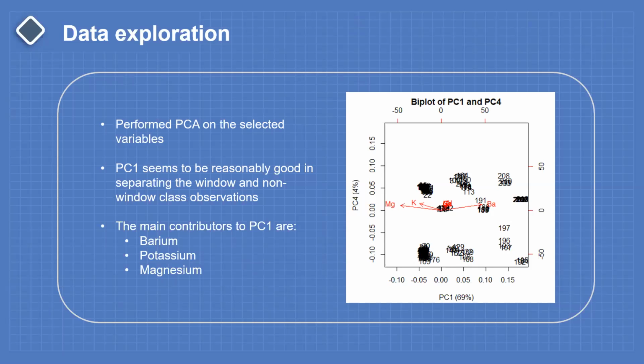Potassium and magnesium are the main contributors to PC1. On the right side, it shows the biplot result.